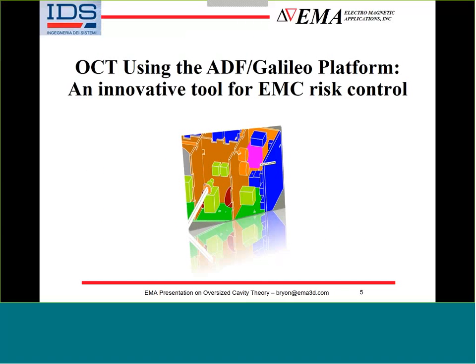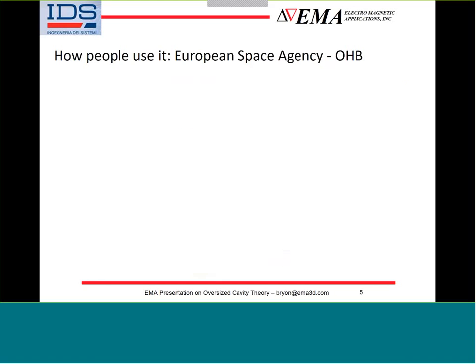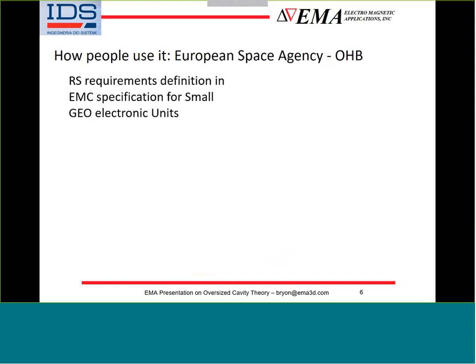So, as we discussed, we're going to be using the ADF Galileo software suite to do this analysis. This is a very powerful tool for EMC risk control, as we'll be seeing here today. Here's an example of how people use this tool and the oversized cavity theory to do a radiated susceptibility assessment.